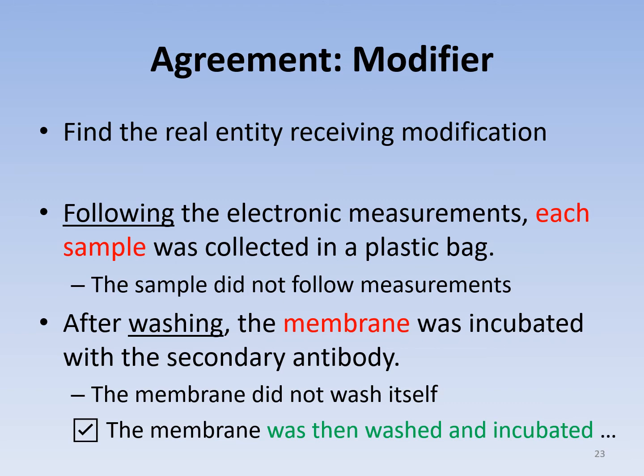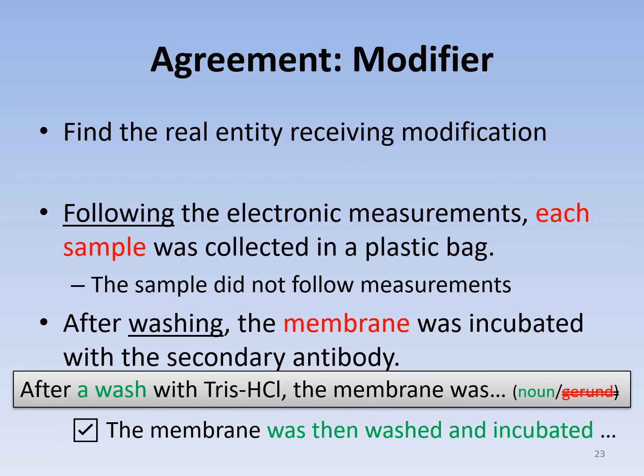The membrane cannot wash itself, but you can rephrase the sentence entirely. You say that the membrane was washed and then incubated. Or you can actually say after a wash, and then you do not leave a modifier for the membrane here.